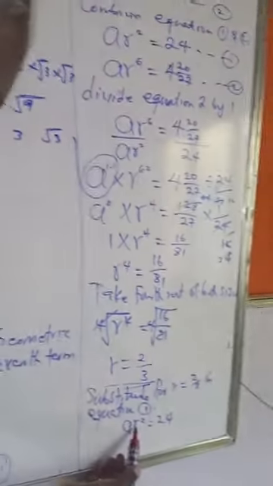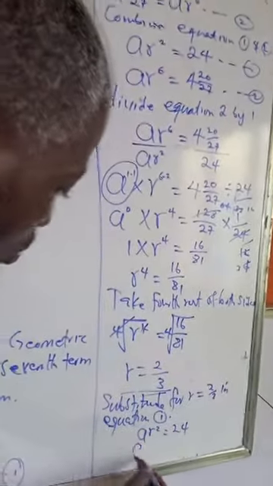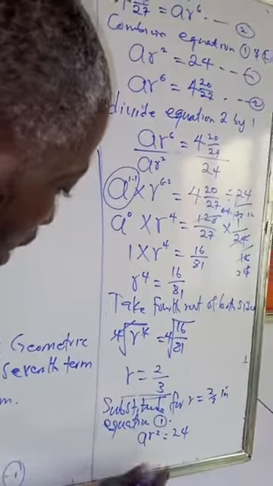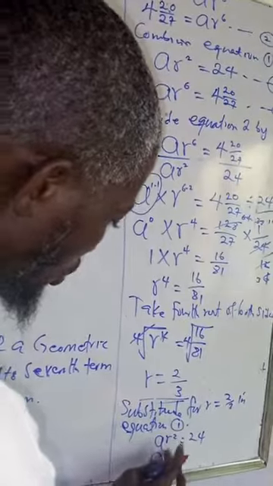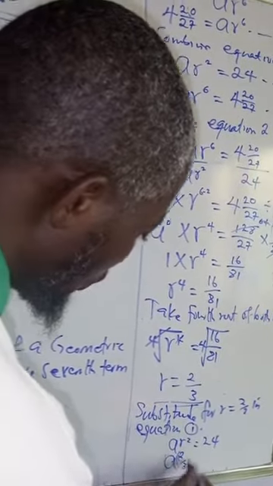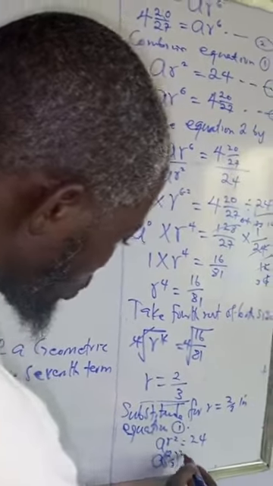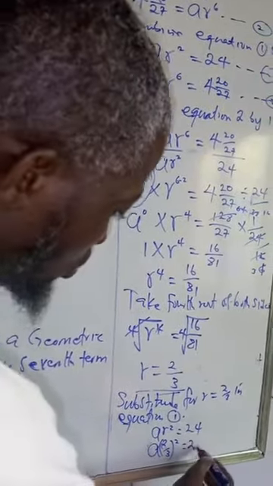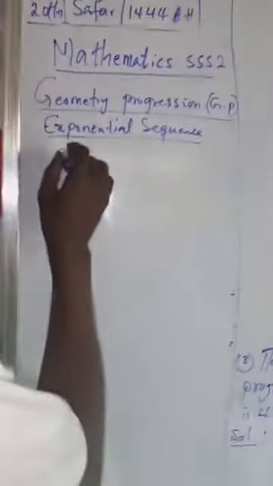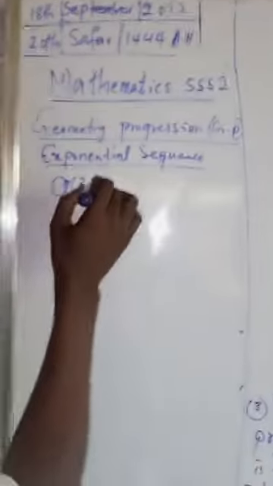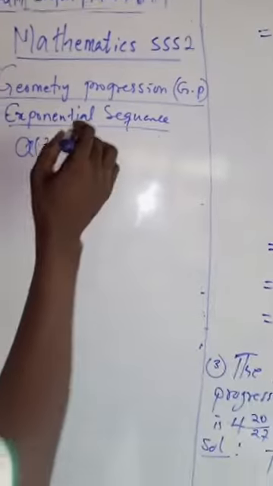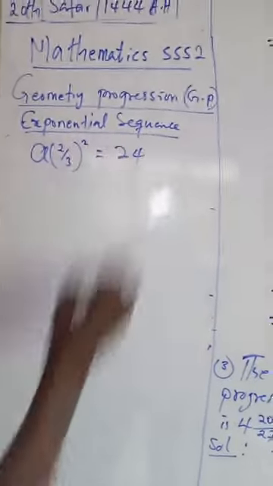Now r is this, so it will be a multiplied by 2 over 3 raised to power 2 equals 24.